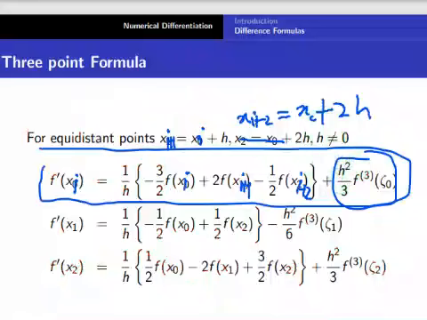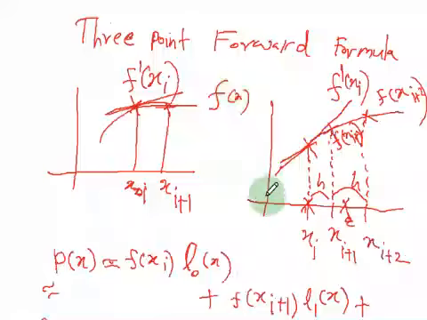That's the main thing. So this is the approximation to that tangent at this point, the tangent to the curve at this point, using 3 points.